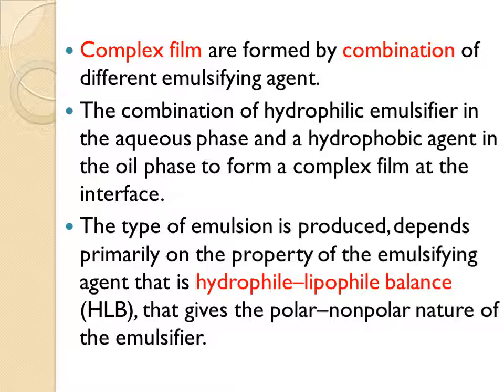A complex film is one where, instead of only one emulsifying agent, we use a combination of different emulsifying agents. Two, three or a number of different types of emulsifying agents are mixed together, and they form more complex films. These complex films are also monomolecular films, and because of the complexation between the emulsifying agents, we get more stability at the interface.